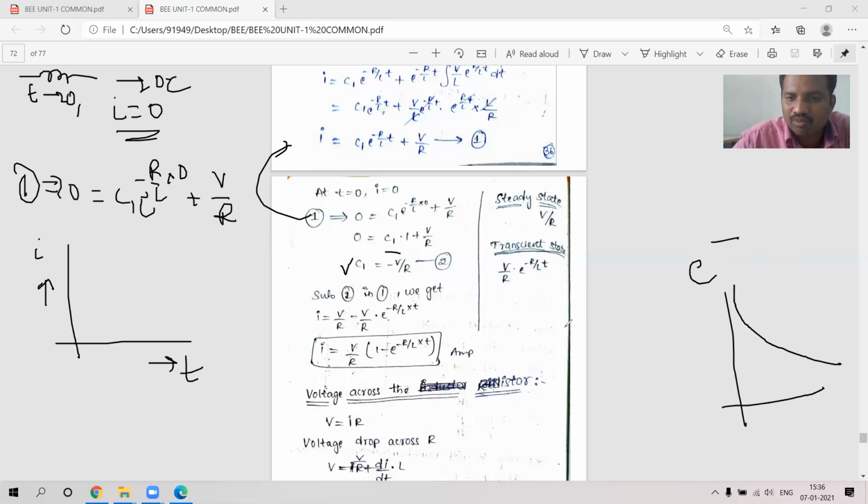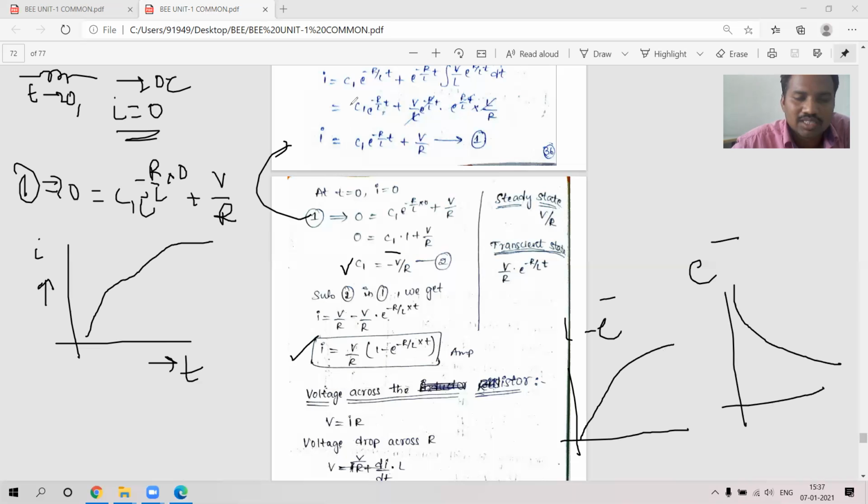But if I take 1 minus e power of minus term, it will be exponentially increasing. So with respect to time it will be exponentially increasing. This is the graph I am going to get, that will be the response.